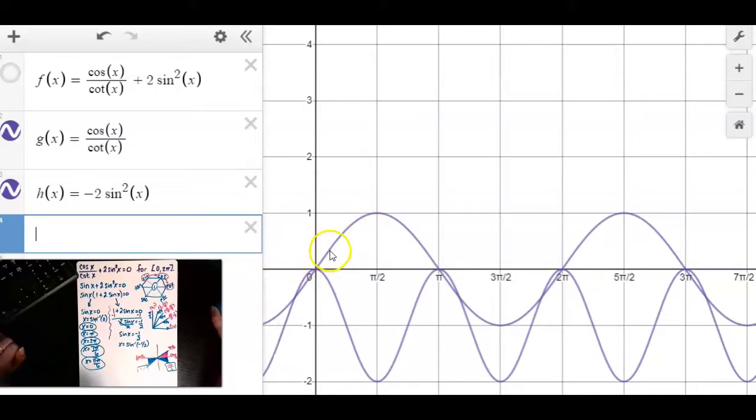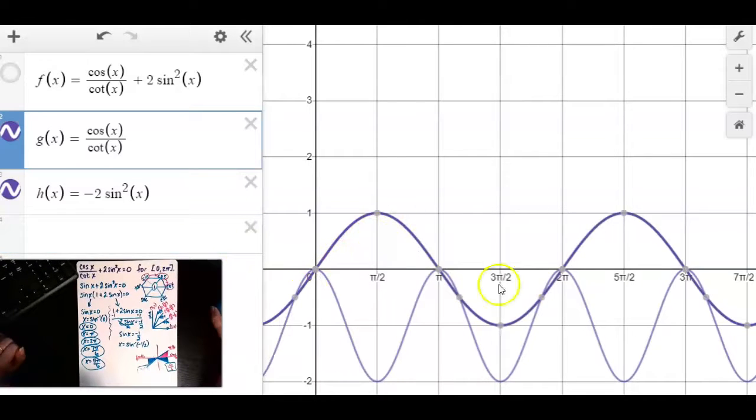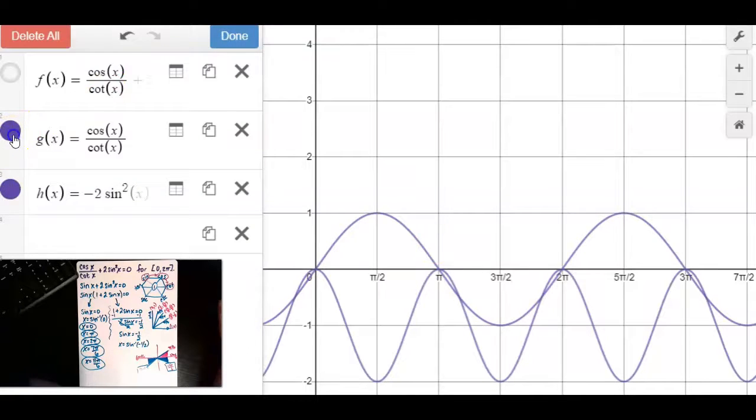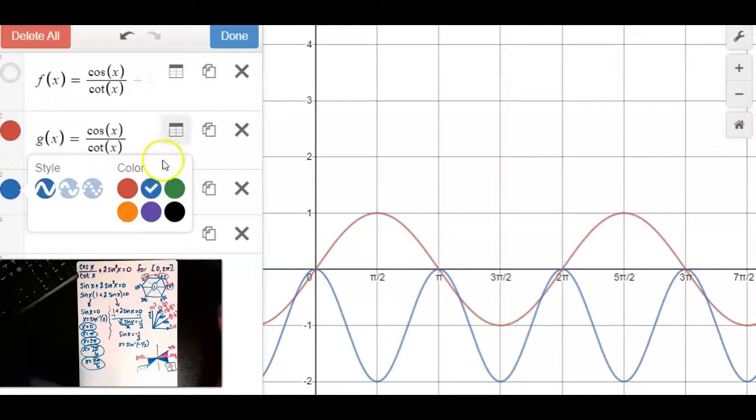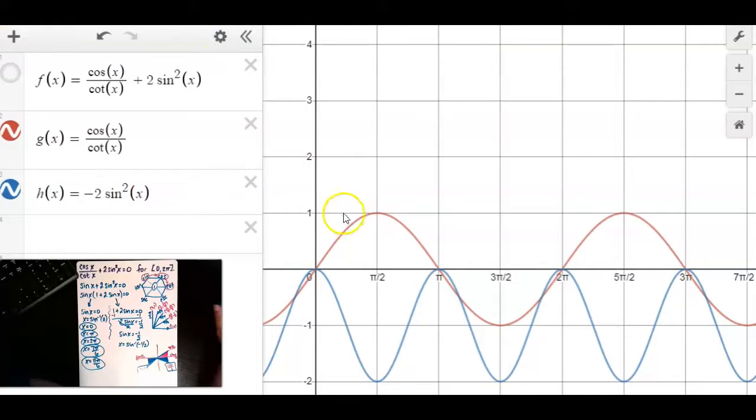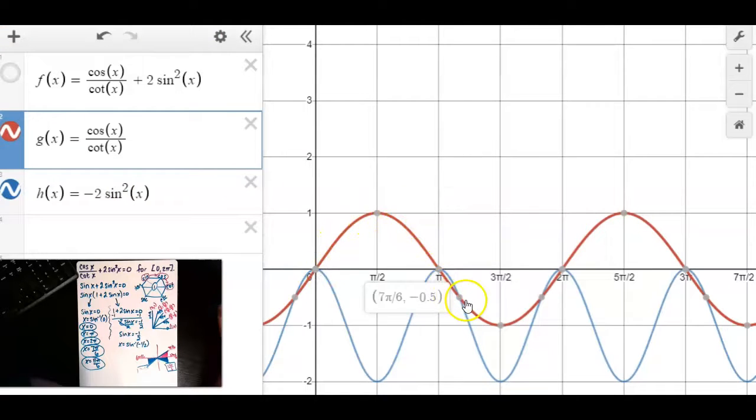There we go. So I'm going to click on either of these curves, and let's actually change their colors here real quick so that we can tell which are which. So we'll make that one red and this one blue. There we go. So when I click on the g of x, the red graph, notice again it highlights all these critical points for each, but in particular I want to pay close attention to these points of intersection.